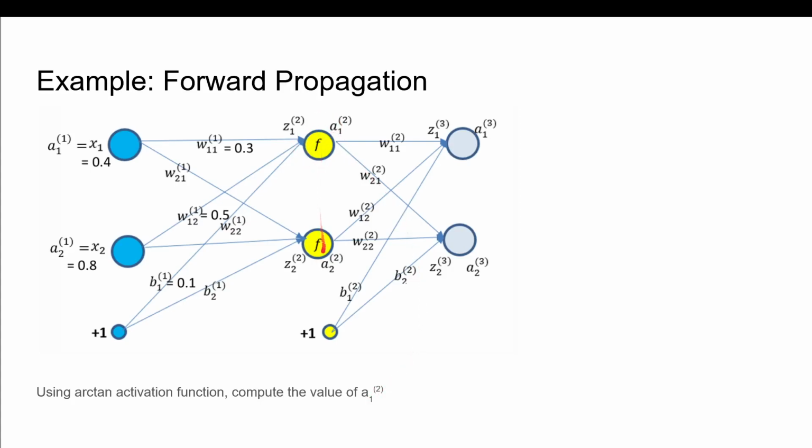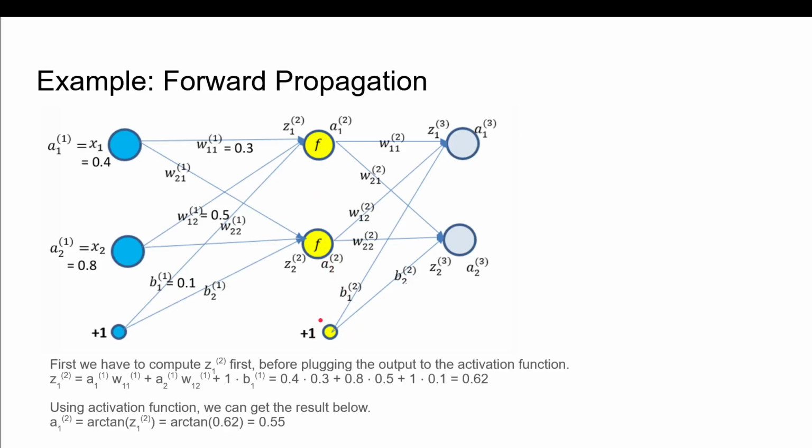So this is the first neuron, the second neuron, and this is the bias. To compute A12, you have to compute Z12 first.